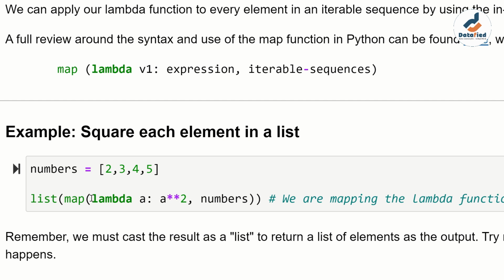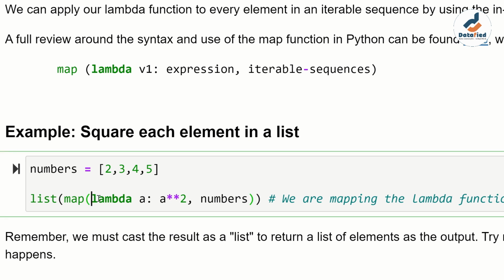It goes into the list. Now with the lambda a, a to the power of 2, this function actually squares numbers. Of course, we've seen this function in the previous example. Because we want to apply this function to every element of a list, we had to bring in the map function.